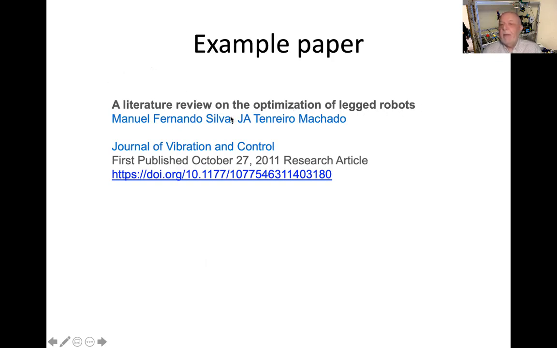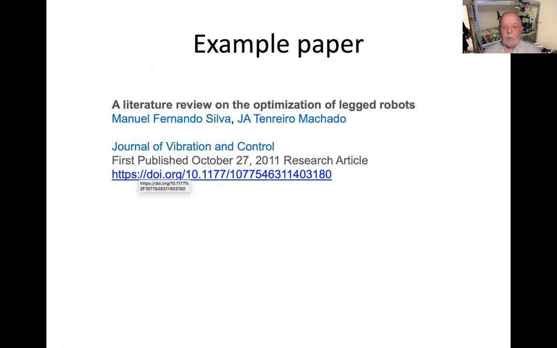It's just a random example, to illustrate a few things, and hopefully you'll read this paper soon to have a better idea. The important thing when you're starting off is this idea of a literature review, because the hope is that it's going to be talking about a lot of different things that other people have already done.